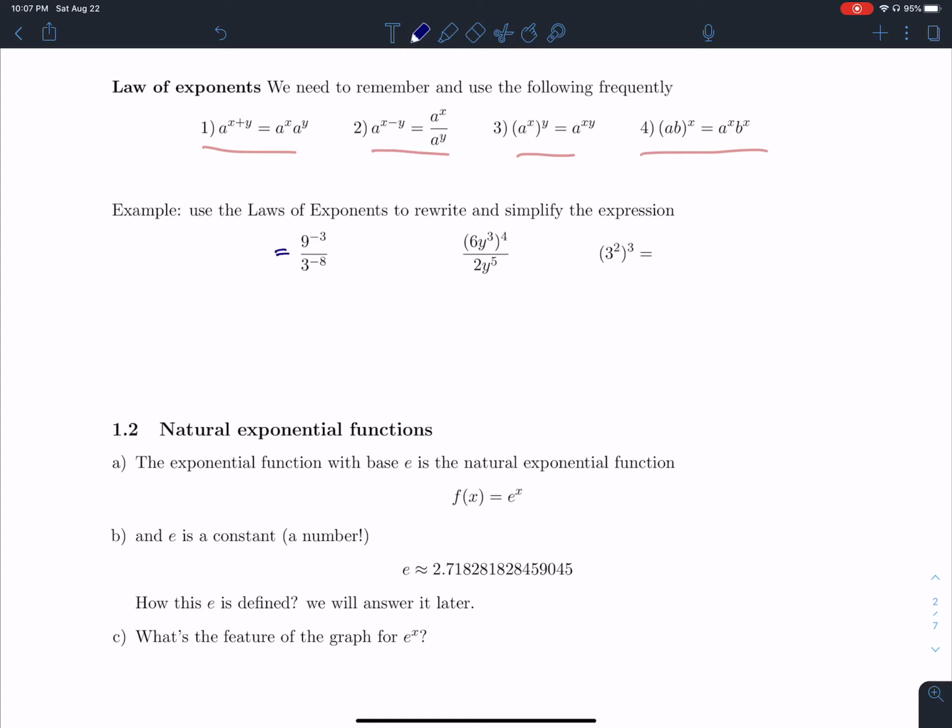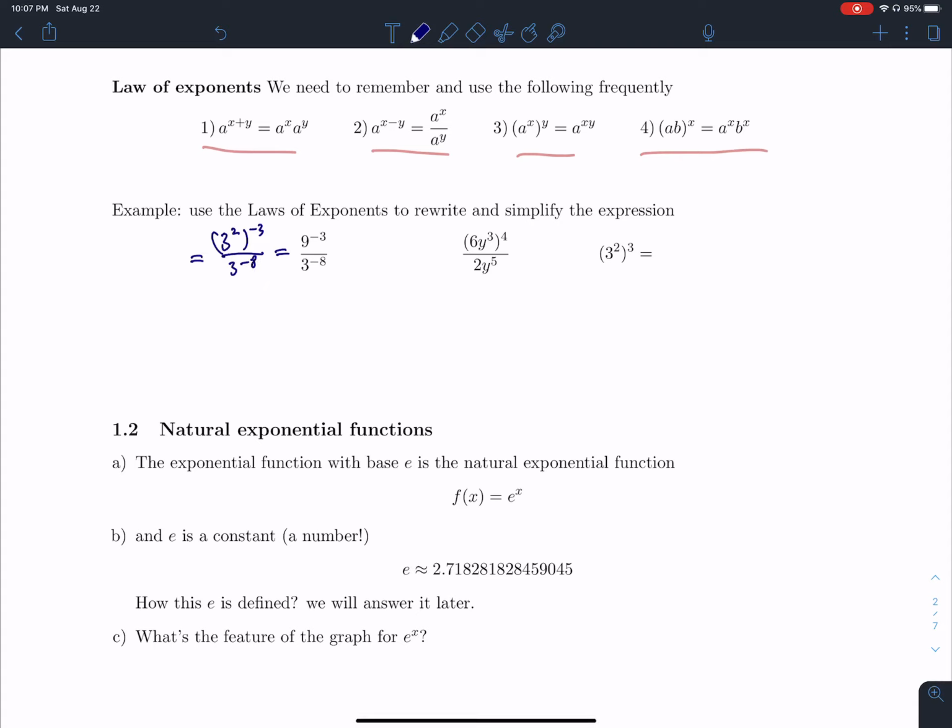Let's just look at what the first one really is. So 9 to the power negative 3. But I think we all notice 9 is nothing but 3 squared, right? And 3 squared equals 9. And then it has negative 3 on the shoulder. In the denominator is 3 to the power negative 8.